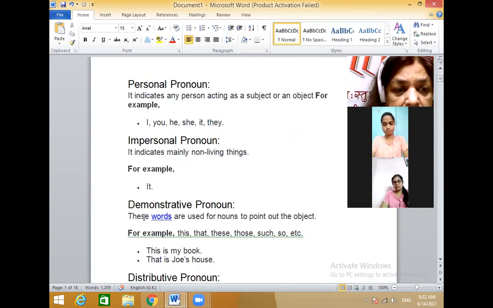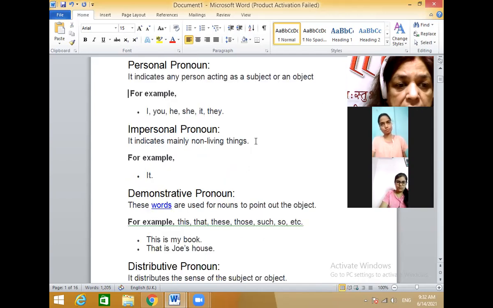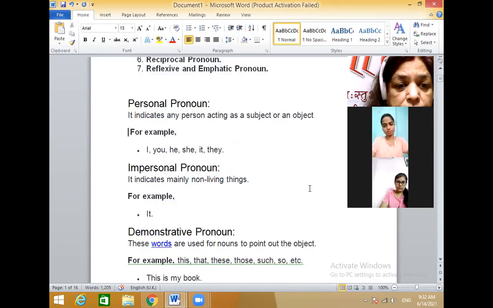So, examples you have to add on. I have left the space for examples. You need to make sentences. You can make compound sentences. You can make compound complex sentences, whatever. Like, I went home and started my work.